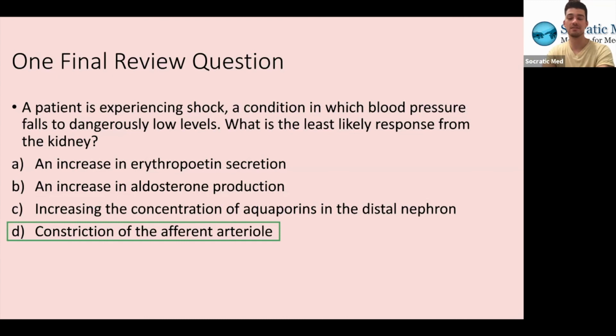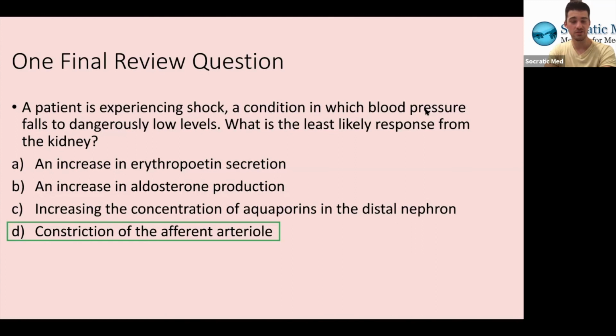The terminology is kind of confusing, but I put that answer in there specifically for that reason. So make sure you understand that the term secretion changes depending on the context. It's almost always going to be the same definition when we're talking about hormones, except when you're talking about secretion in terms of the urinary tract.